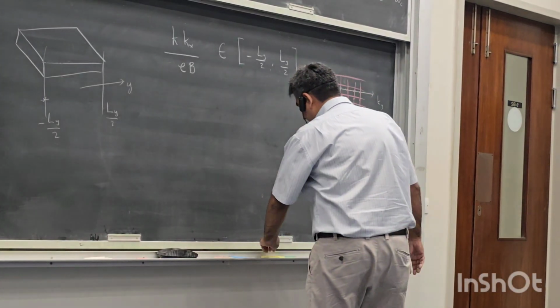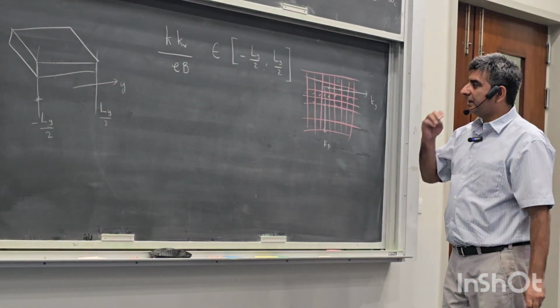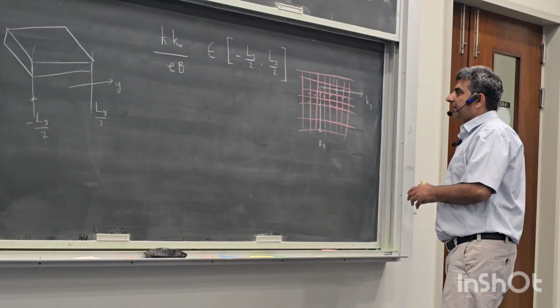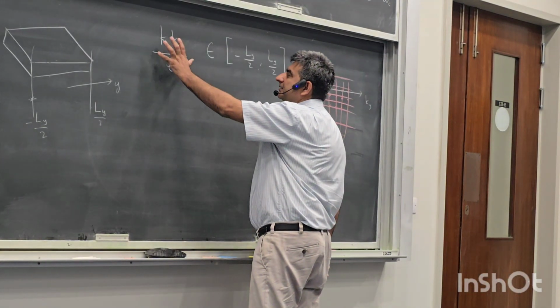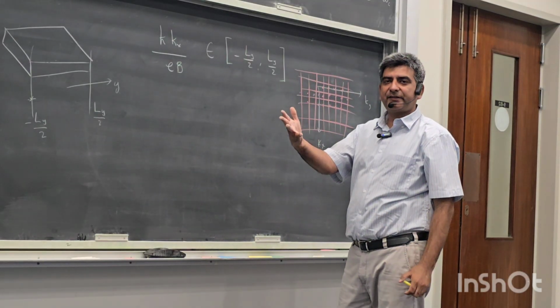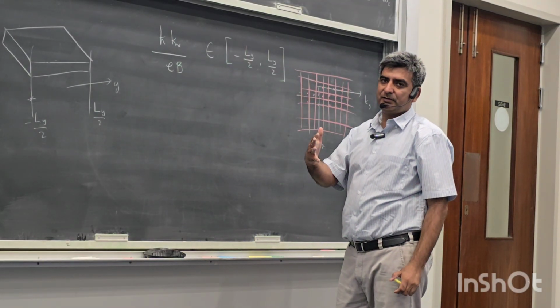Now if I look at what's happening to the K space, this condition imposes another constraint on how big Kx can be and how small it should be.